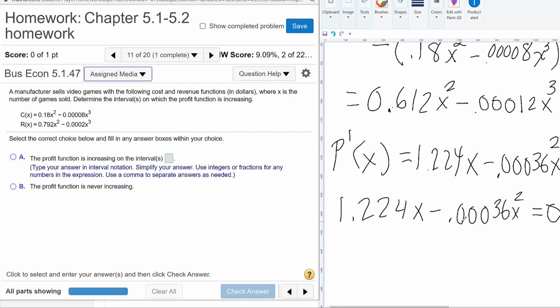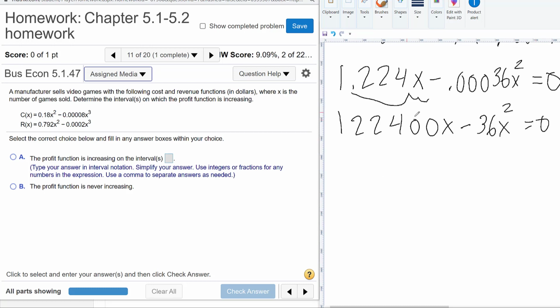So I would need to move them both 5 places, so I would get 1, 2, 2, 4, 0, 0, because I got to move it 3, 4, 5, so I need the 2 zeros. x minus 36 x squared equals 0. And I'm kind of hoping 36 will go into this. Let's see.